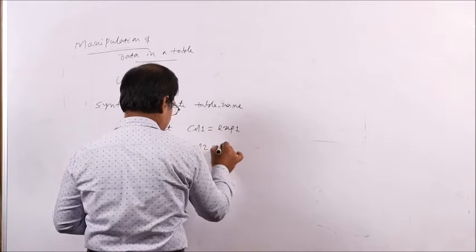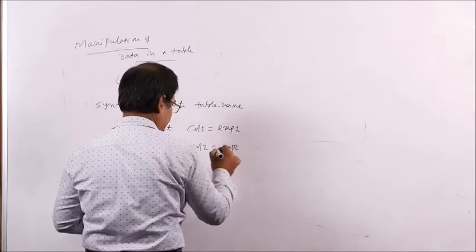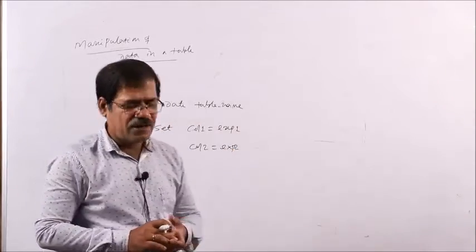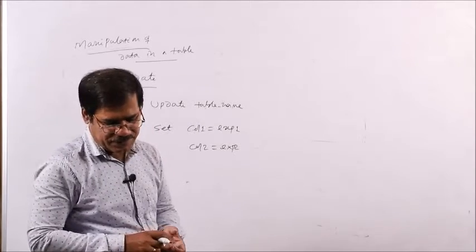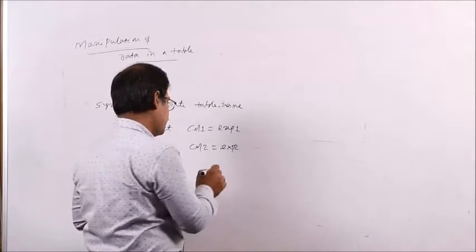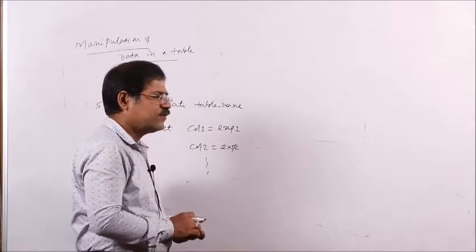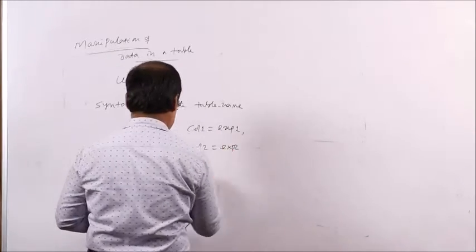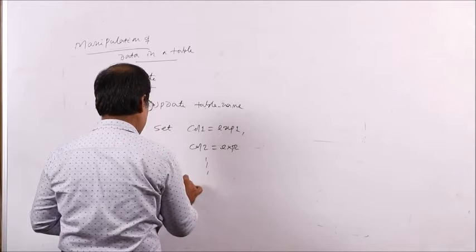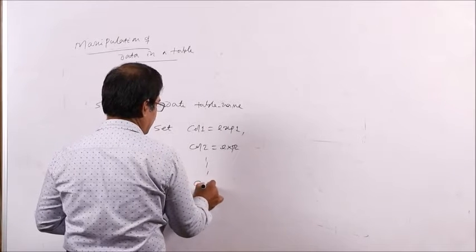Similarly, column 2 equal to expression 2. Like this you can update multiple columns, or maybe change a single column. So, dot dot dot, this goes on one after another. Then you provide the condition, where, in which condition you can change: the where condition.